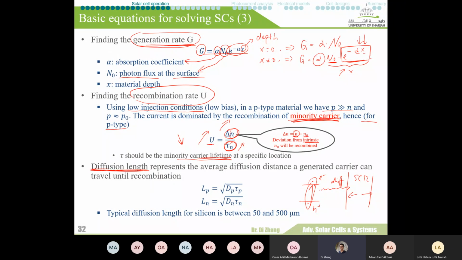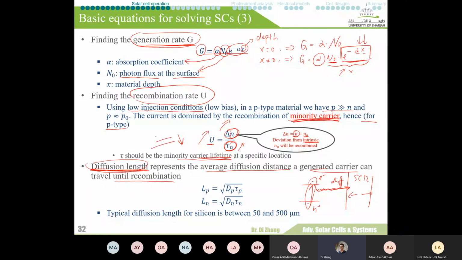So what is the average distance that this electron and hole pair can move before being recombined? This concept is the diffusion length. The diffusion length represents the average diffusion distance a generated carrier can travel until recombination.